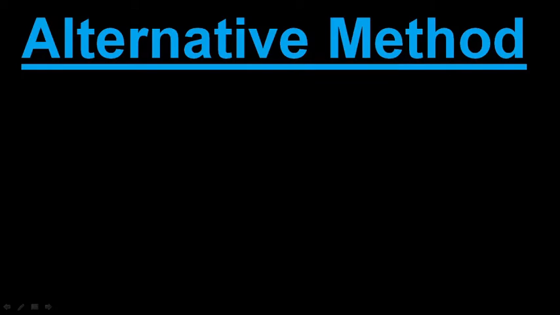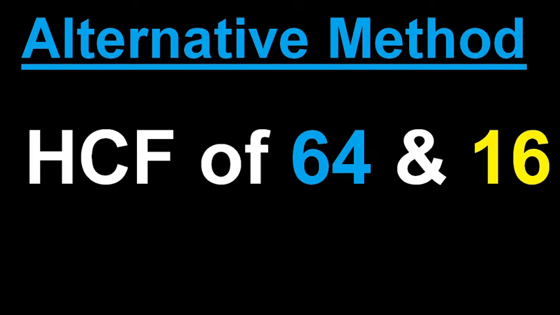And now we will learn an alternative method. In this method we can find out the highest common factor very easily. So if we find the highest common factor of 64 and 16, at first we will find which one is the smallest. Here 16 is the smallest.